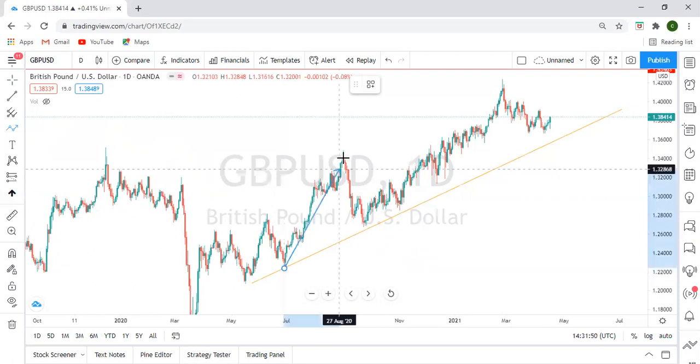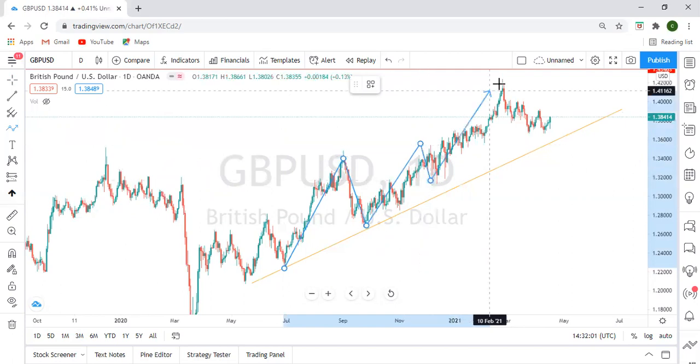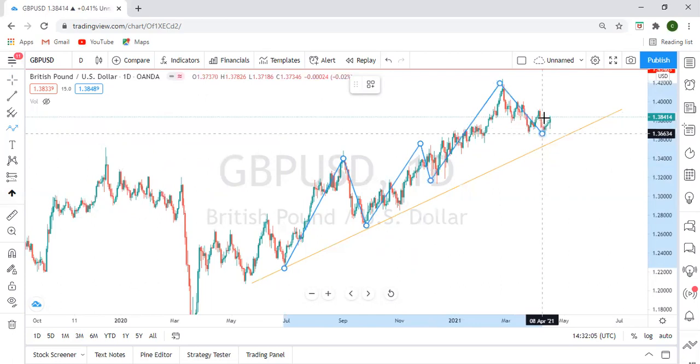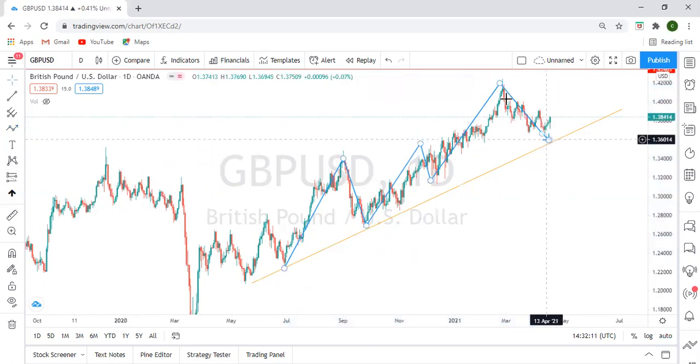It's a push to the upside and then a correction. There's a push to the upside and a little bit of correction, and then a huge push to the upside, and right now we are in a correction. We are coming to test this trend line by the correction that we are making on the daily time frame.